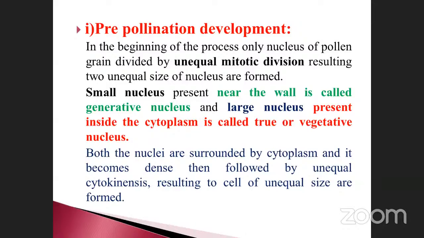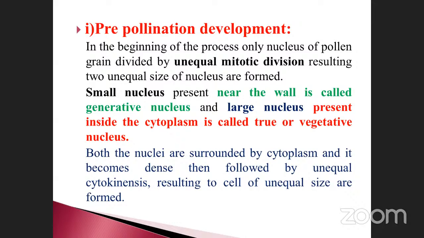Before pollination, inside the pollen grain, there is first a single nucleus, which divides by unequal mitotic division, resulting in two nuclei of unequal size.